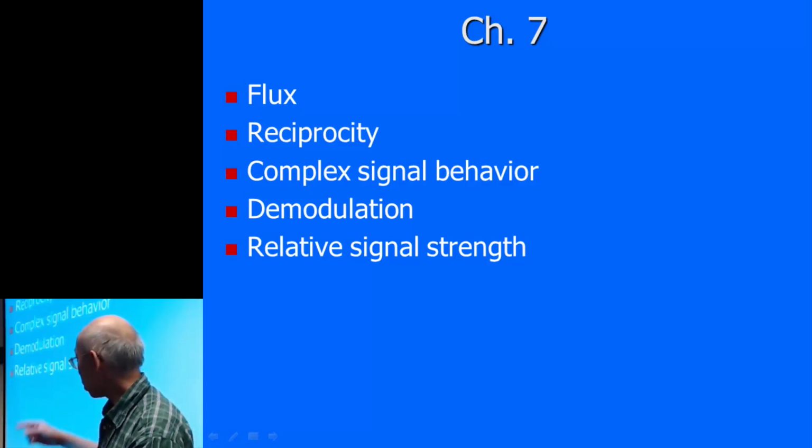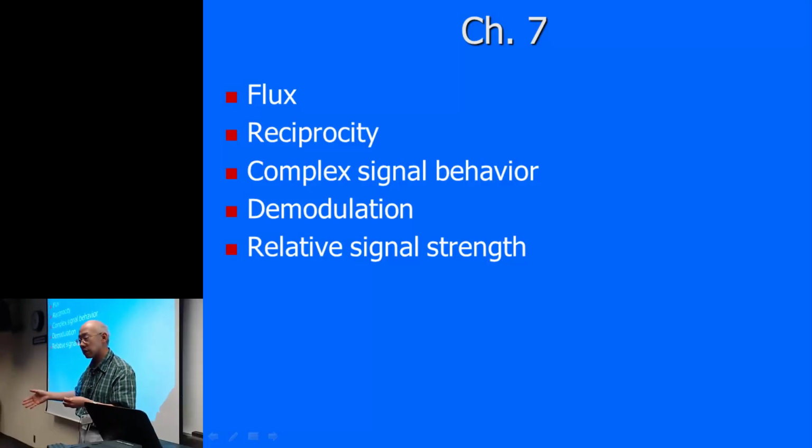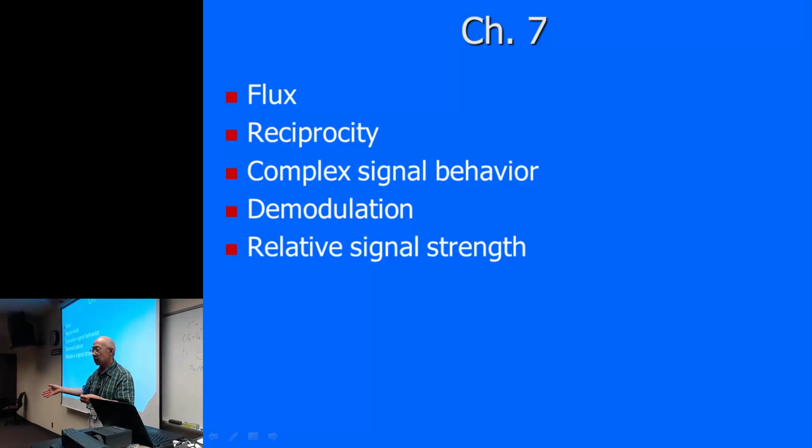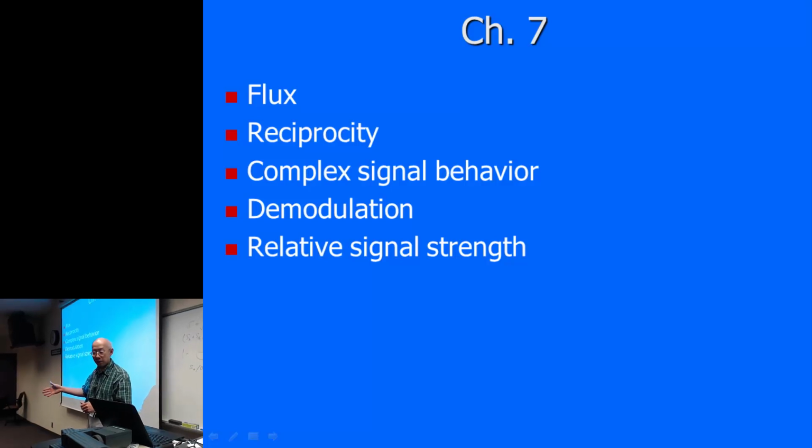You can look at the signal strength as a function of, for example, the field strength, right? The signal is proportional to the square of the field, but proportional to the cubic of the gyromagnetic ratio.